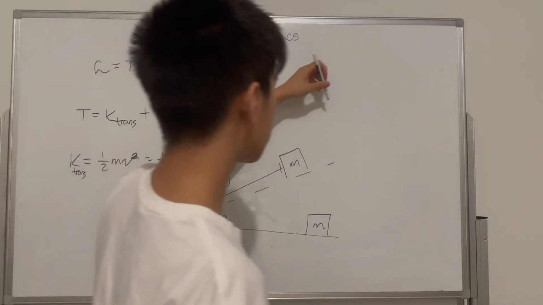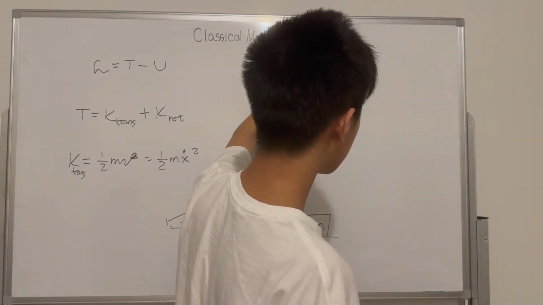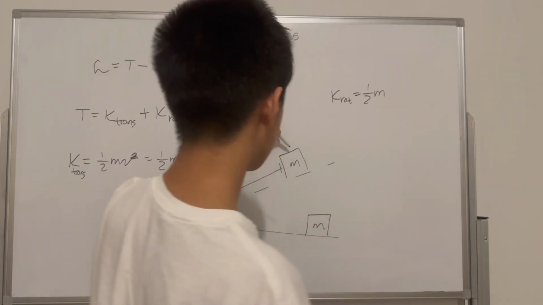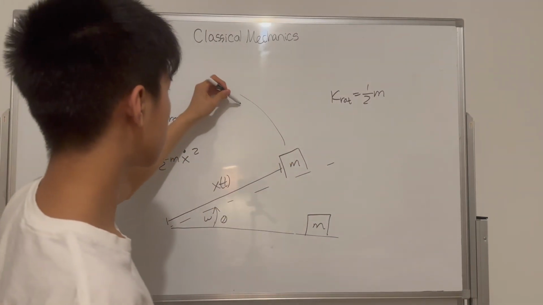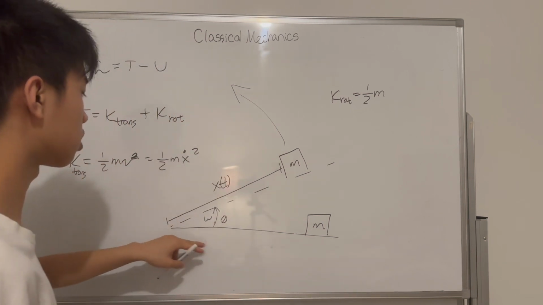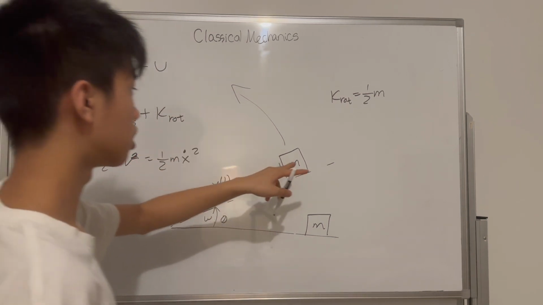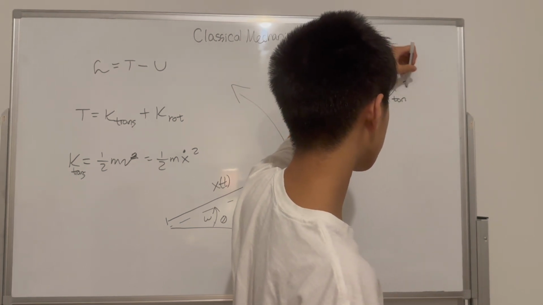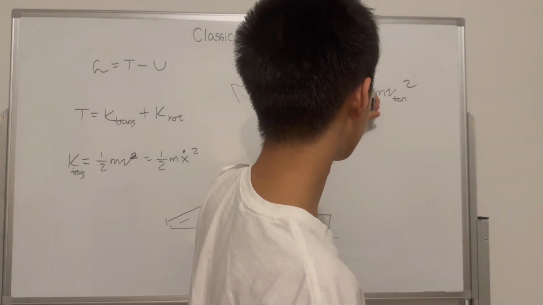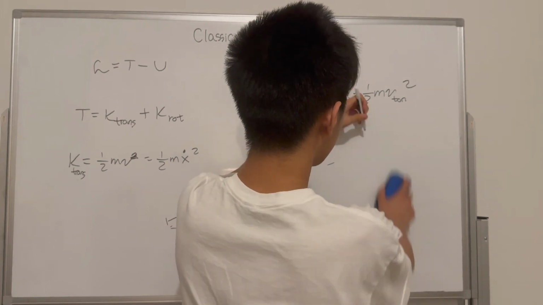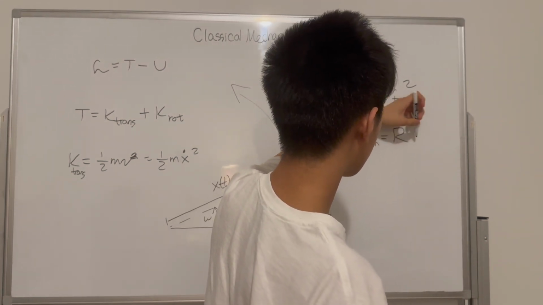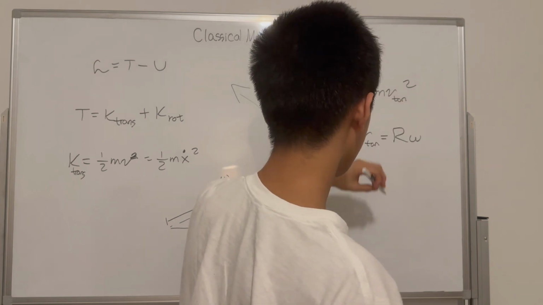Now, our rotational kinetic energy, it's going to be 1/2 m, and then since the box is traveling this way, because of the fact that the ramp is increasing, that's going to be 1/2 m v tangential velocity squared. So we know that v tangential is equal to radius times angular velocity.